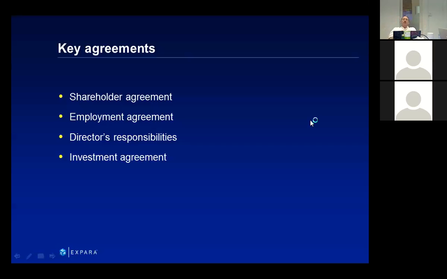So it might seem painful now to do these agreements, but definitely the pain you will experience later is much worse. Yeah. For example, how should we allocate the equity? Let's say we have 4 founders. How should we divide the equity?